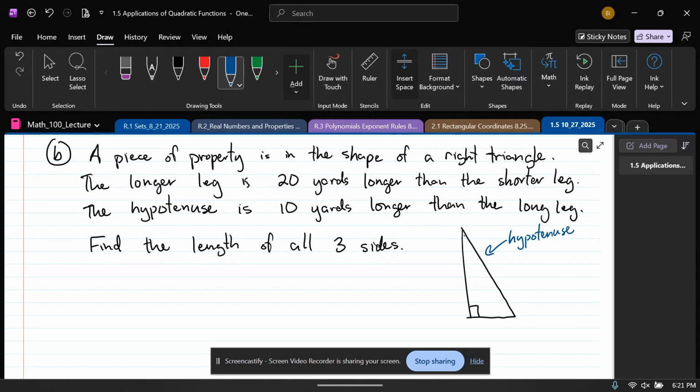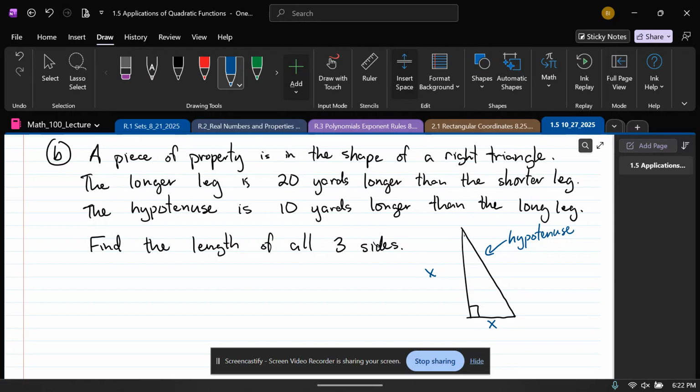Okay, so it tells us that the longer leg is 20 yards longer than the shorter leg. Do we know the length of the short leg? No. I'm going to call it X. The longer leg, the straight up and down one there, is 20 yards longer than that.